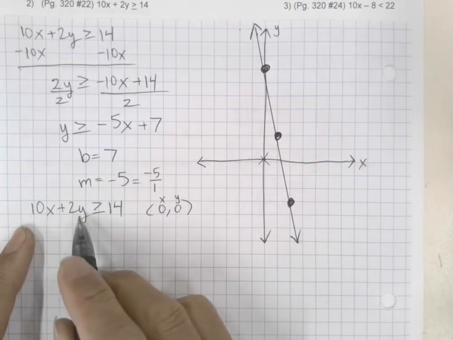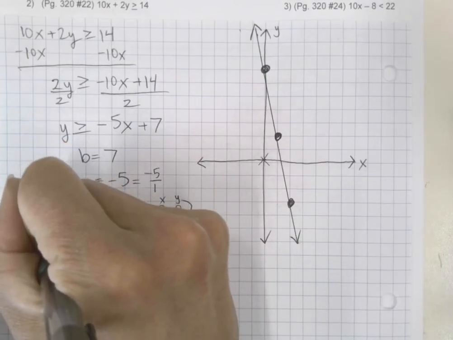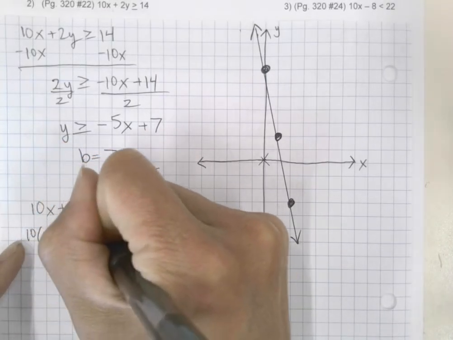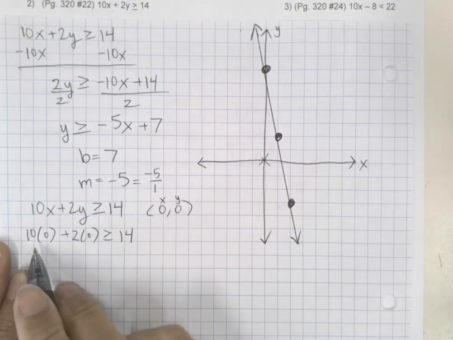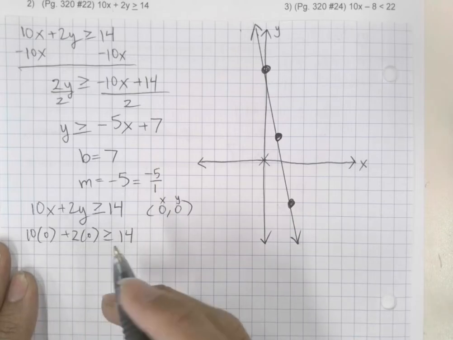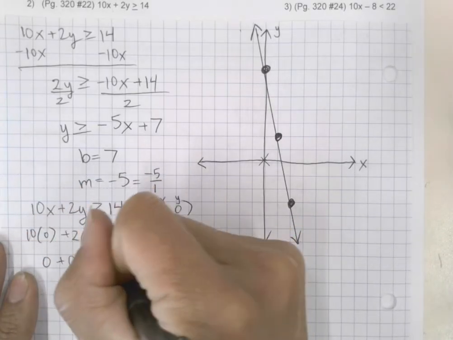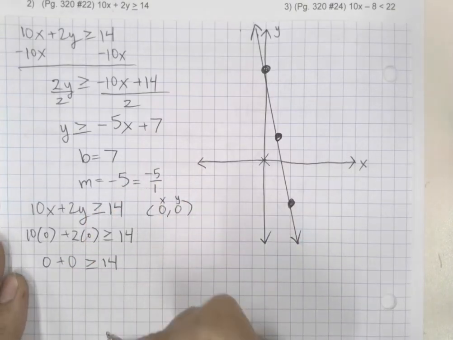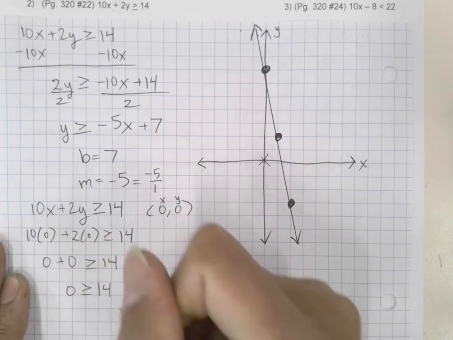Let's go ahead and plug those in to the inequality, and we'll get 10 times 0 plus 2 times 0 is greater than or equal to 14. Any number times 0 is 0, so on the left side we'll have 0 plus 0 is greater than or equal to 14, and 0 plus 0 is simply 0 is greater than or equal to 14.